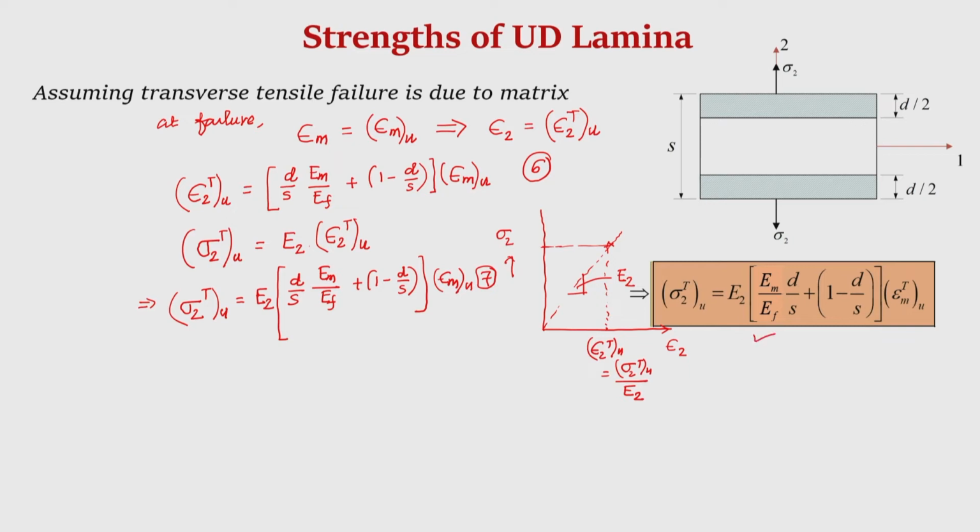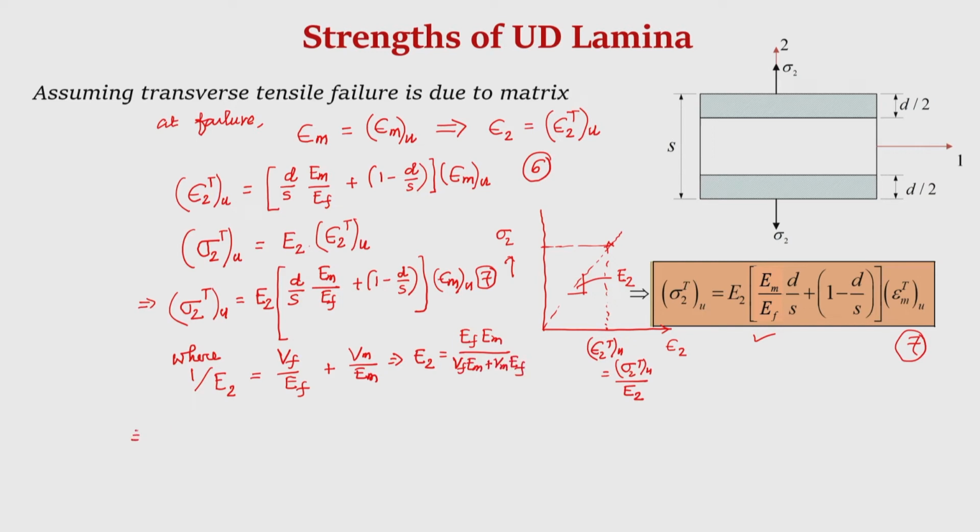Now, what is this E 2? Already we have the expression for E 2, in equation number 7, where E 2, which we obtained using the mechanics of materials approach, is equal to V f by E f plus V m by E m, which implies E 2 is equal to E f E m by V f E m plus V m E f.